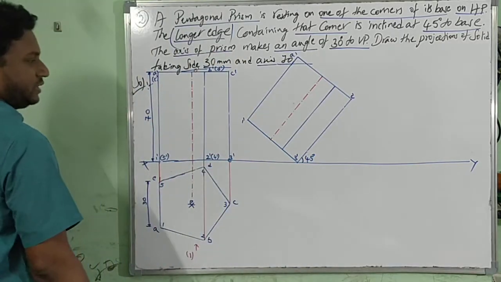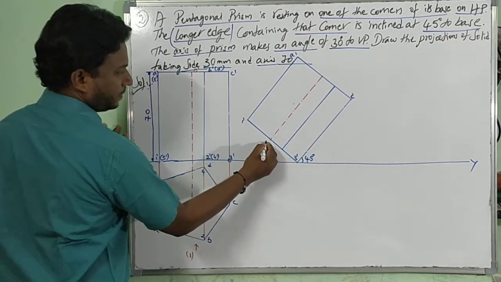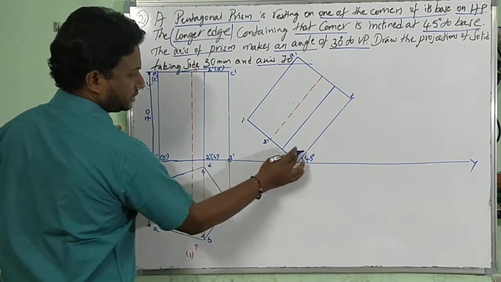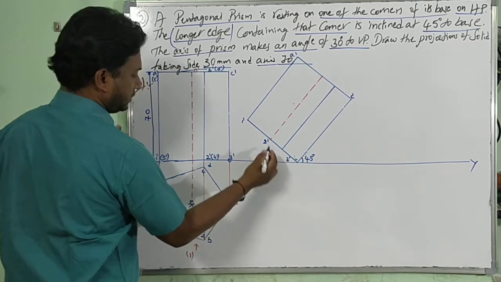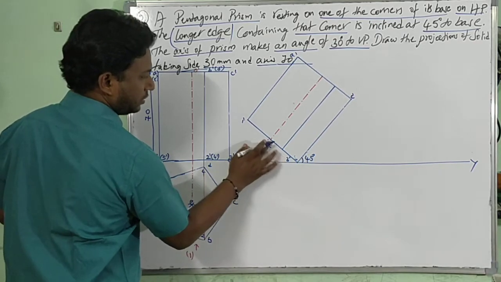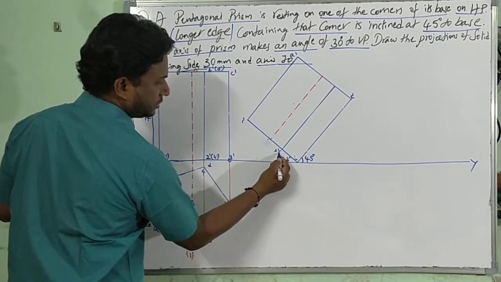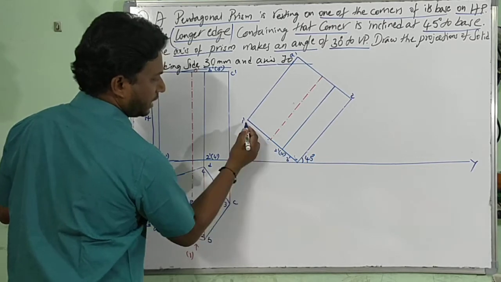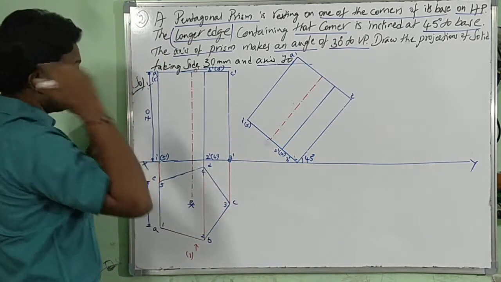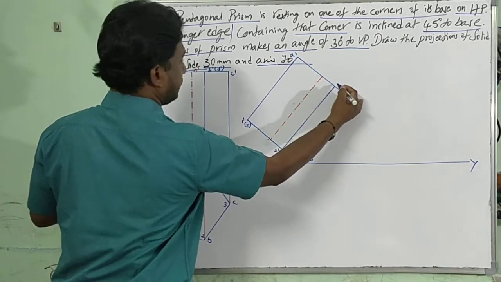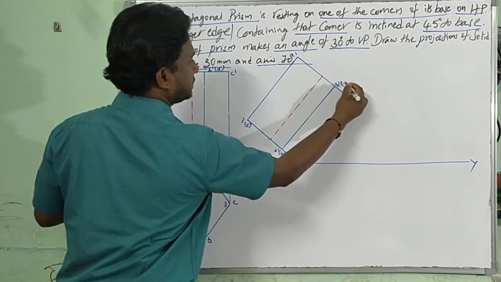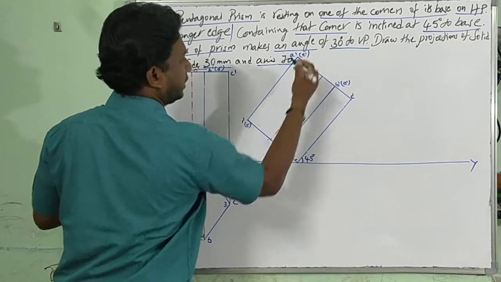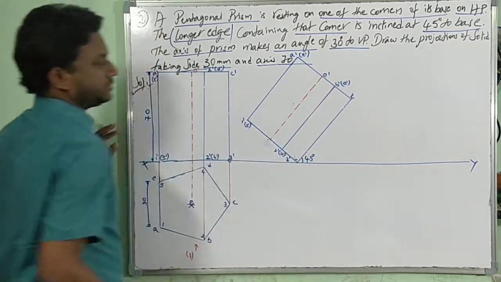I have reconstructed this 1 dash, 2 dash, 3 dash, and also 3 dash in bracket. Sorry, this is 2 dash, 3 dash, 4 dash, 5 dash, A dash, B dash, C dash, D dash, E dash. Now this is O dash.